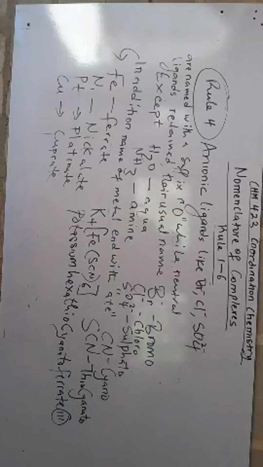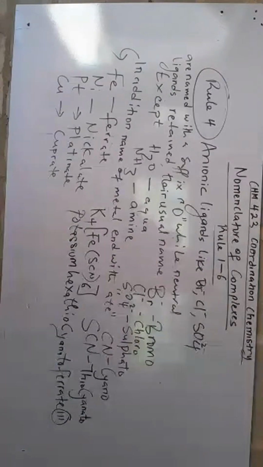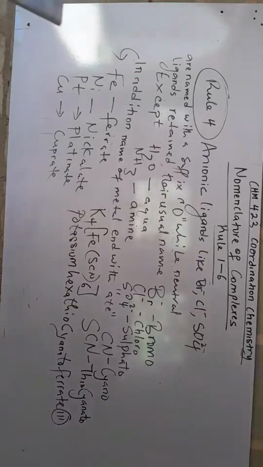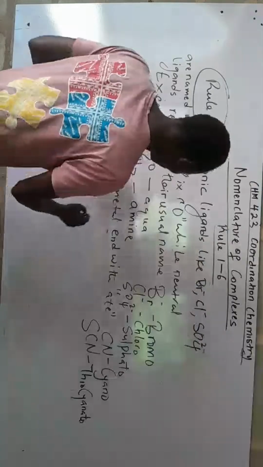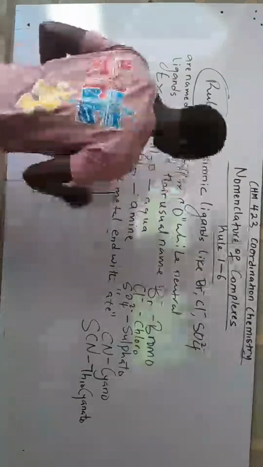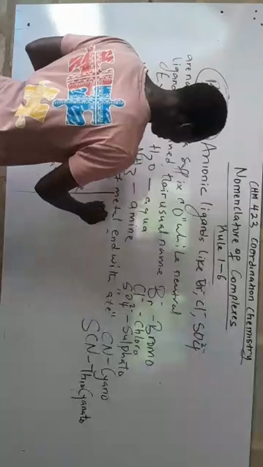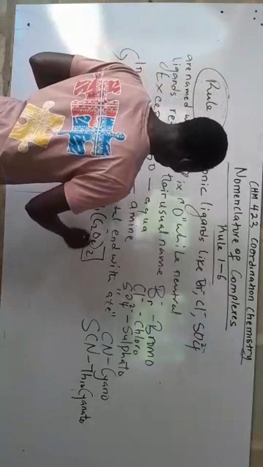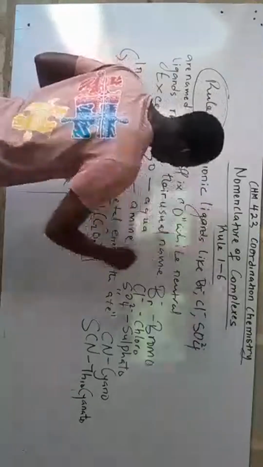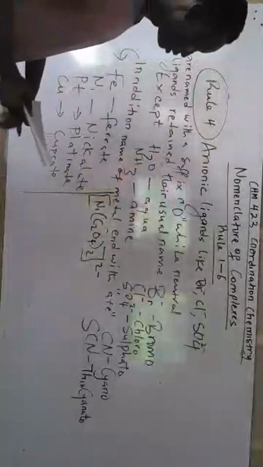Now, the next one that we have in this place is the compound of Ni(C2O4)2 close bracket 2 minus, as you can see in this place.